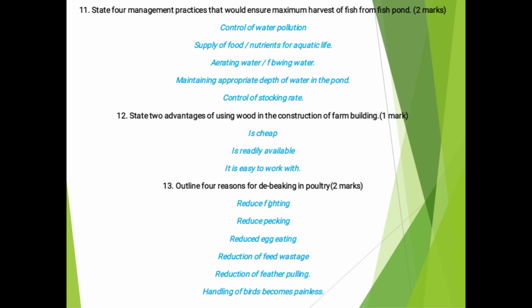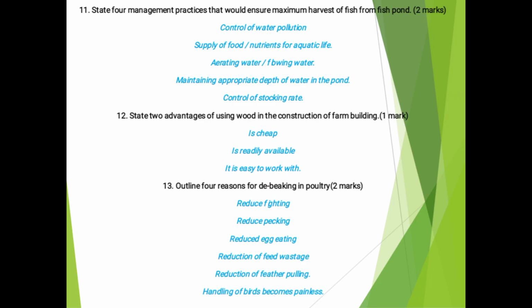Remember, it's aquatic because fish are found in water. Then aerating the water so that you ensure there's a flowing of water. Then maintaining appropriate depth of water in the pond, and finally control of the stocking rate. You stock fish that the pond can sustain without depleting the resources found in the pond.